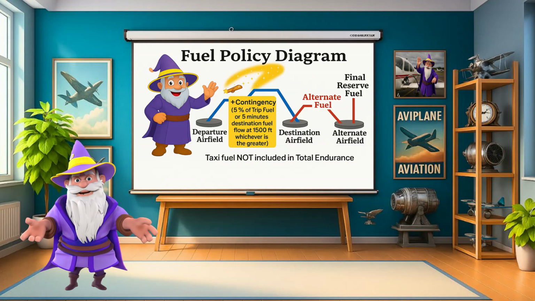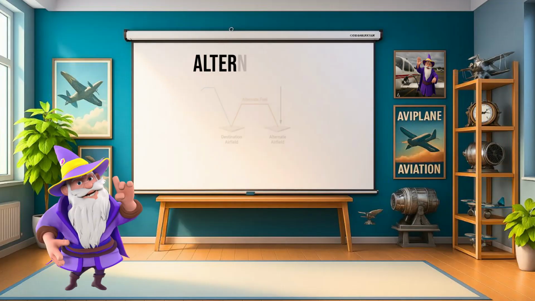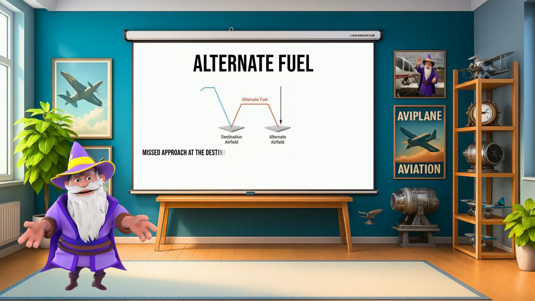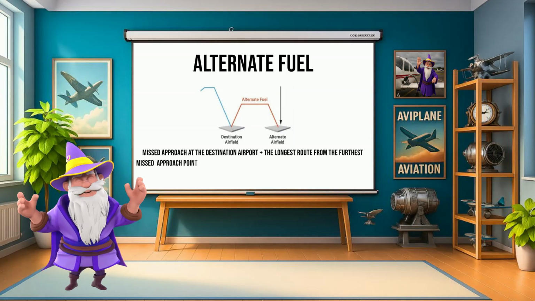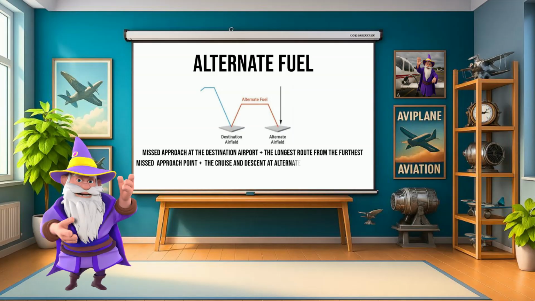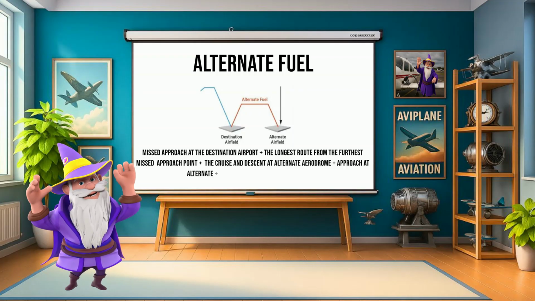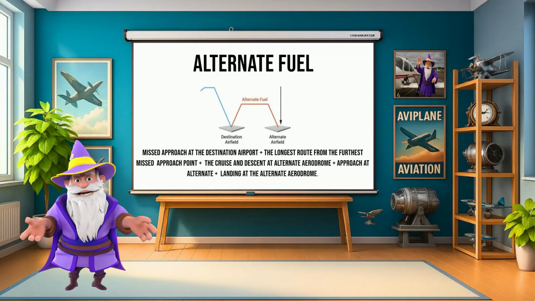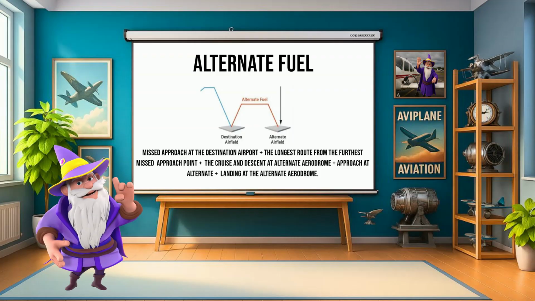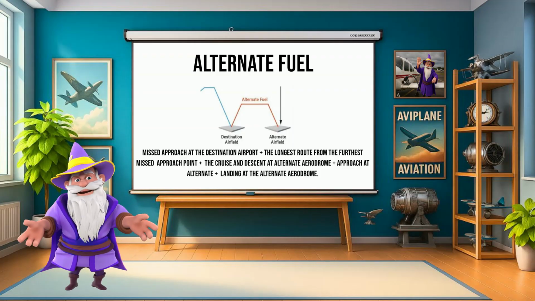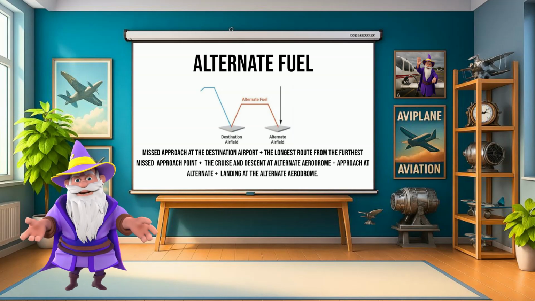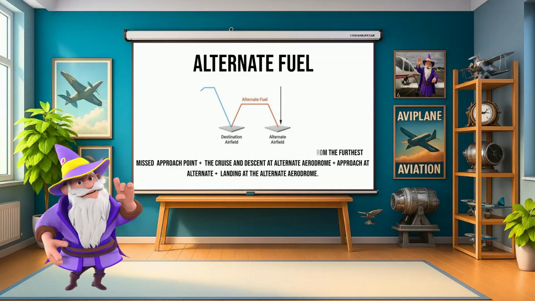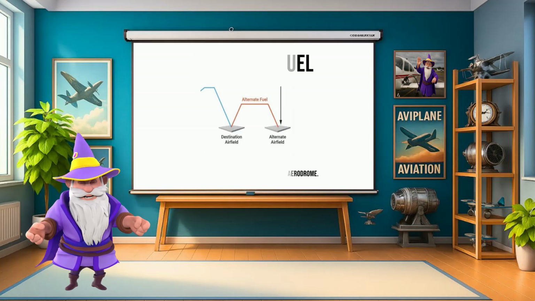It takes into account the required fuel for missed approach at the destination airport, the longest route from the furthest missed approach point, the cruise and descent at alternate aerodrome according to an expected route, the approach at alternate, and the landing at the alternate aerodrome. When two alternates are required by the authority, alternate fuel must be sufficient to proceed to the alternate which requires the greater amount of fuel.